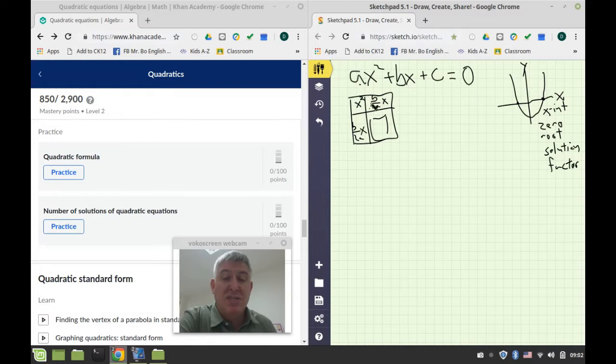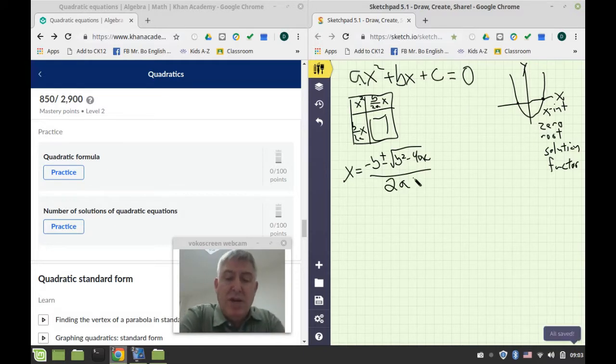But if we do it with just a, b, and c, with no coefficients, no constant, we can get a very general formula that looks like this, and that is called the quadratic formula.